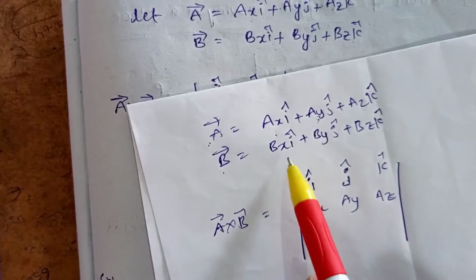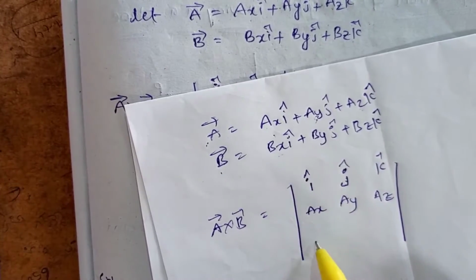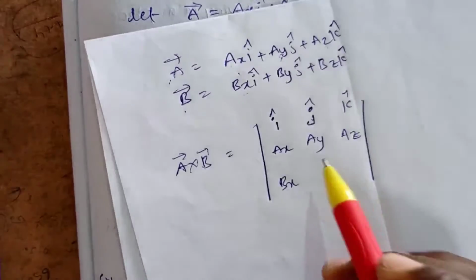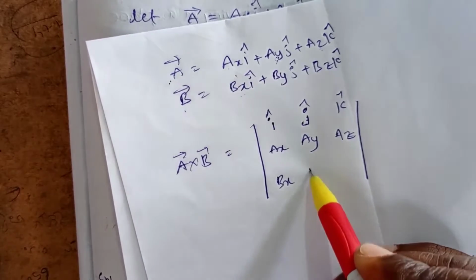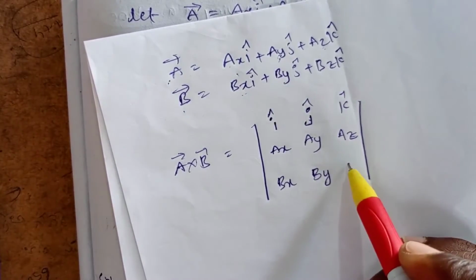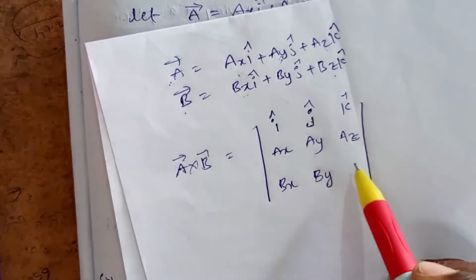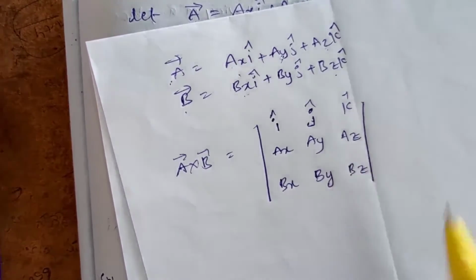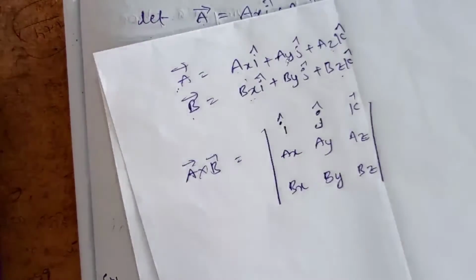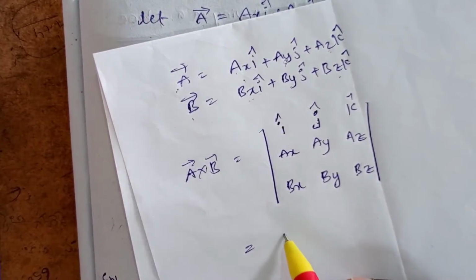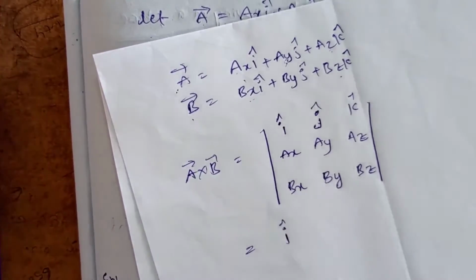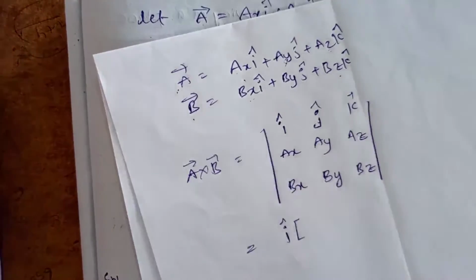Next vector B. The x component of B is bx, the y component is by, and the z component is bz.